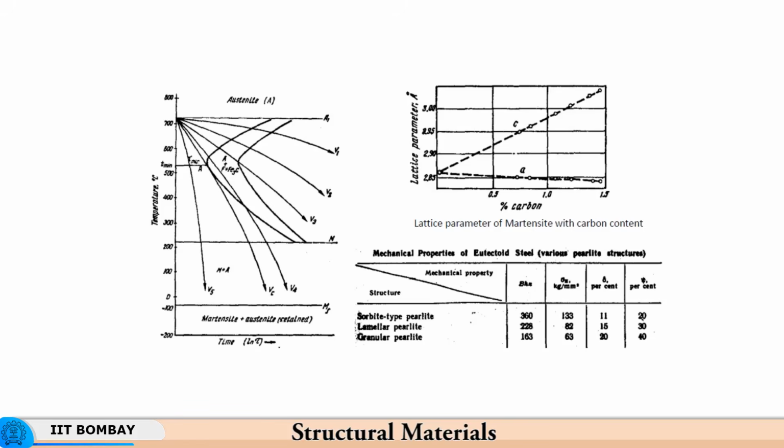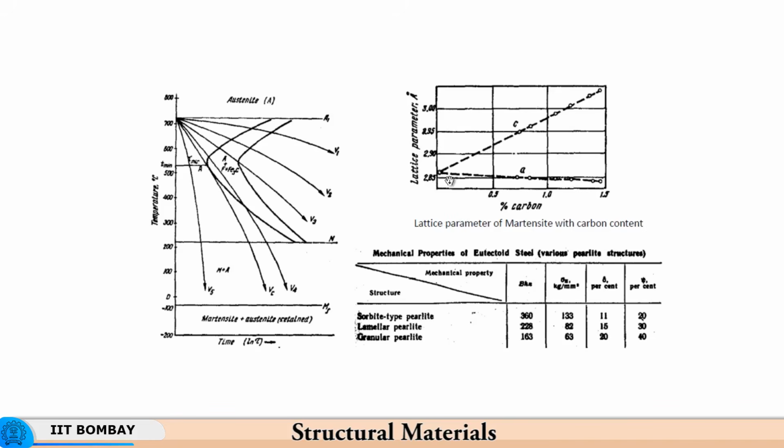So, the transformation of body centered cubic, say, structure, or a face centered cubic structure of austenite to body centered tetragonal structure of martensite will take place depending upon the percentage of carbon that is present, because high percent of carbon will mean that the body centered tetragonal lattice will have a much greater elongation, meaning the C parameter as shown here will be much higher with increasing percentage of carbon.